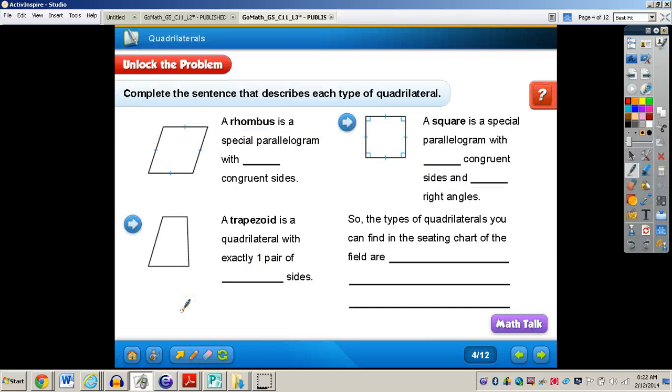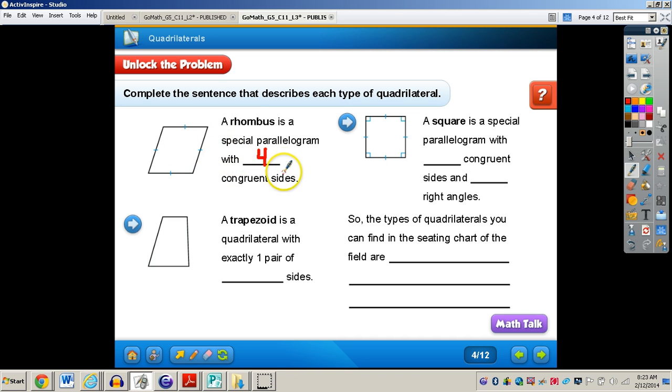Okay, as we continue to talk about quadrilaterals, we want to think about a rhombus, and a rhombus is a special parallelogram with 4 congruent sides. However, we're not talking about right angles or perpendicular lines or anything else like that, but just 4 congruent sides. In other words, each side is equal in length to each other.